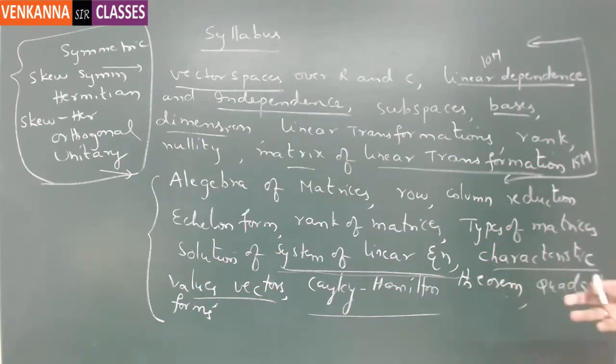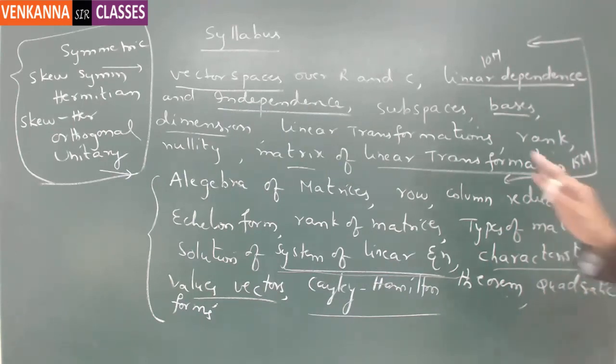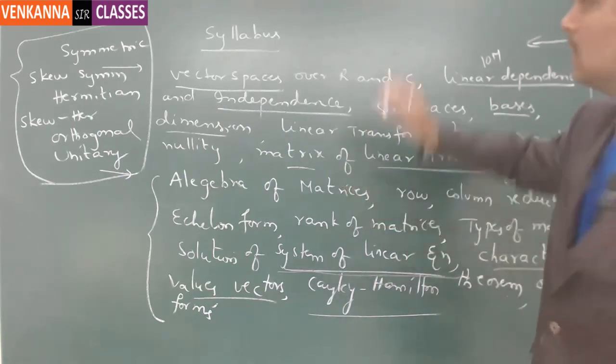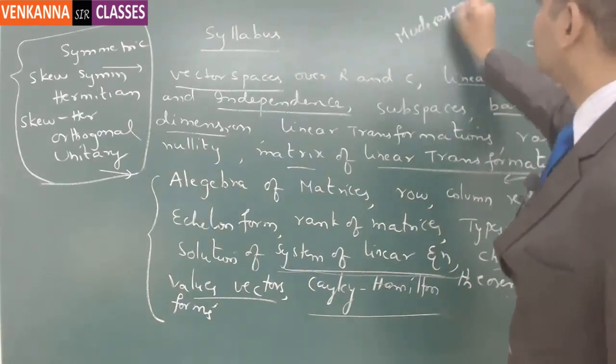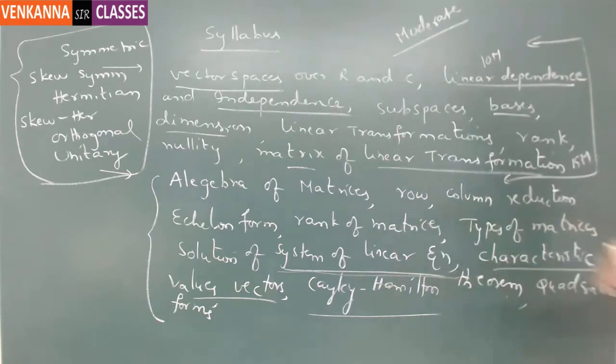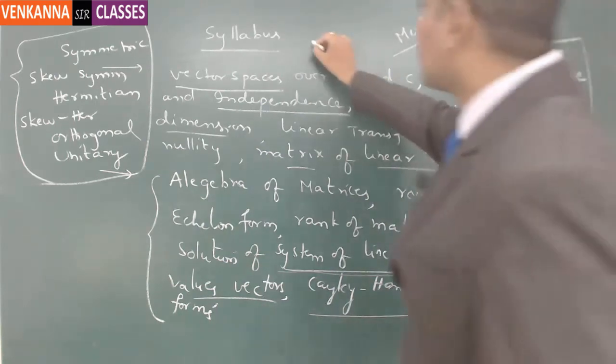You cannot expect repetition of questions, but occasionally you will have repetition. If you talk about moderate-level preparation, it is enough to complete the syllabus over these concepts. And these are very easy to learn, and from the UPSC point of view, it is a very scoreable part.